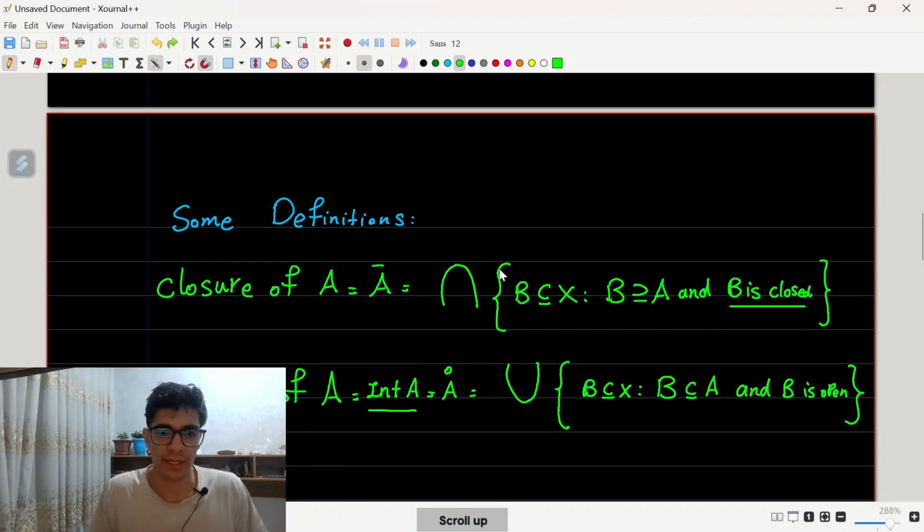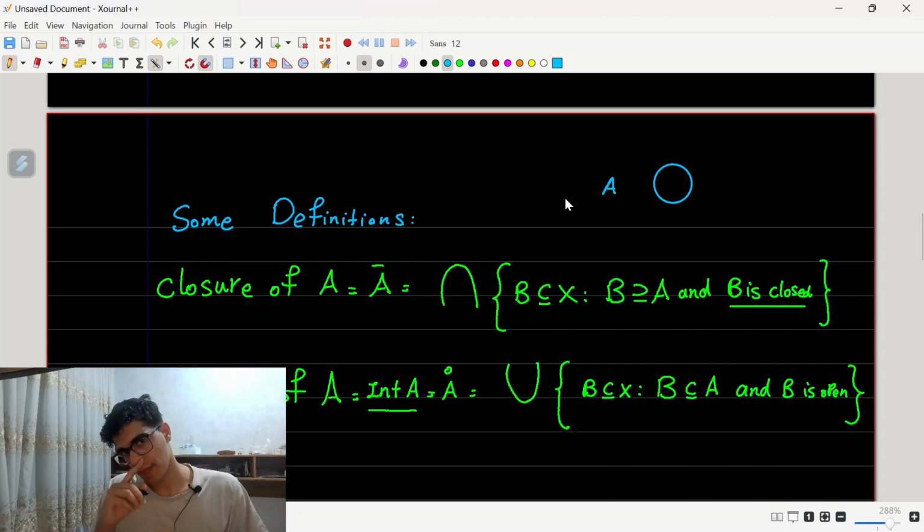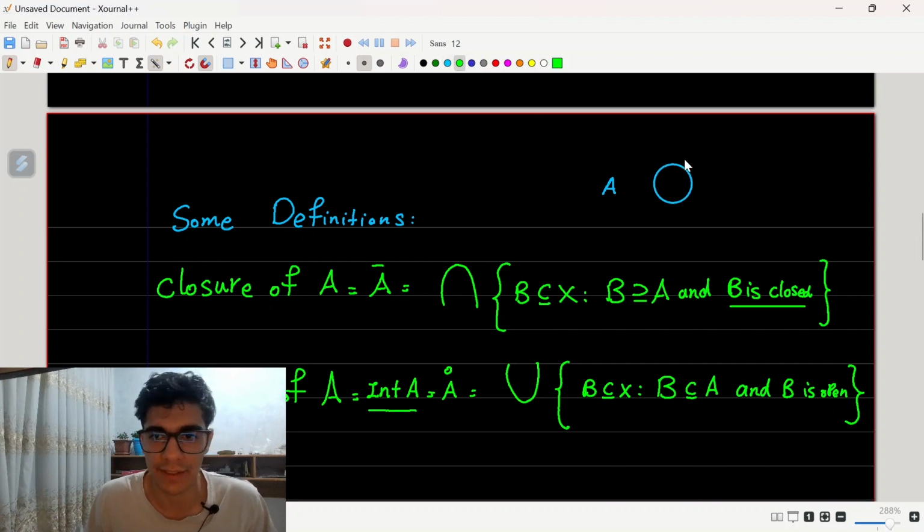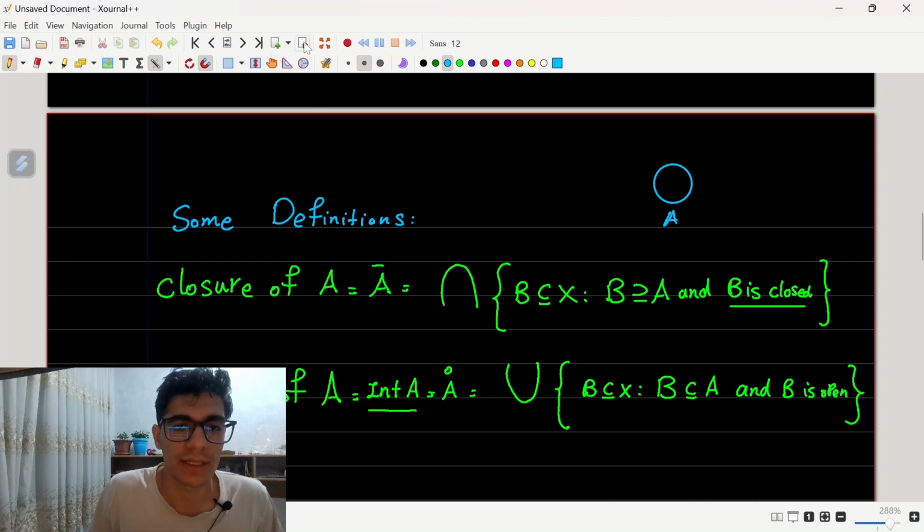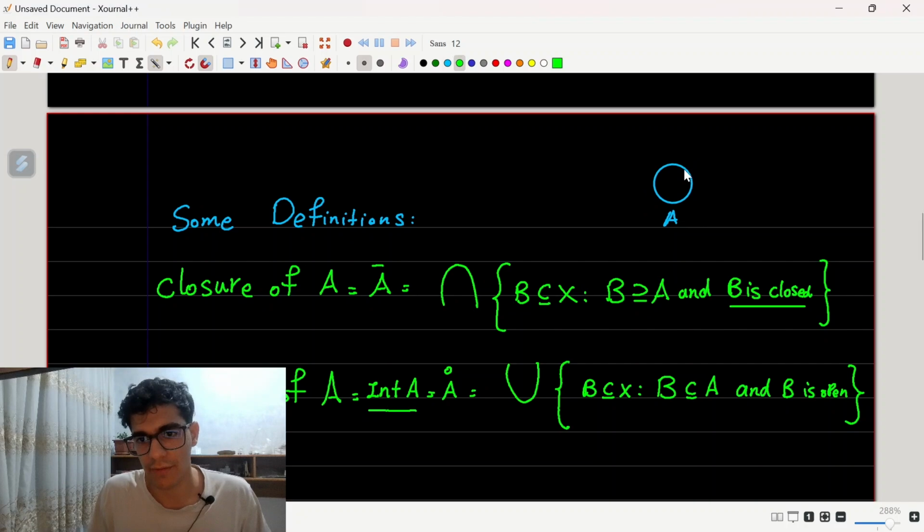So what are these actually? If I want to visualize this, the closure of A looks like this. This is just a visualization, not definitely correct. It just gives you an idea of what the closure of A is. Let's suppose that this is our set A. Now, what this closure means is it takes the intersection of all things that A is contained in and B is closed.